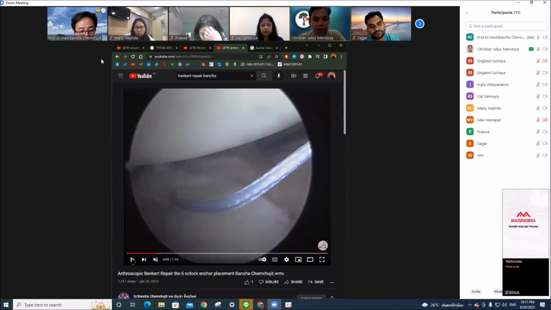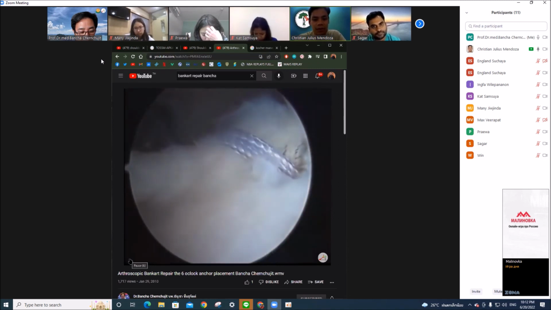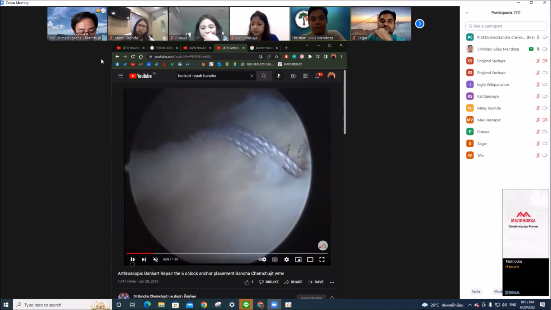As the suture anchor is applied to the edge of the labrum, you will see sutures around the labrum, and this will attach the labrum back to the glenoid.